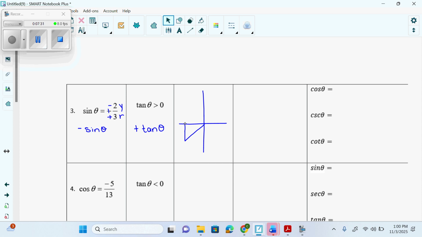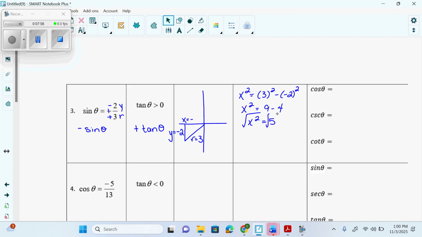So we have Y equals negative 2. We have R equals 3. And we have to find X equals negative something. I drew it so I know X needs to be negative. So I'm going to have X squared equals 3 squared minus negative 2 squared. X squared equals 9 minus 4. X squared equals 5.